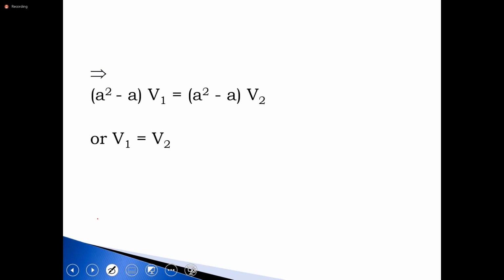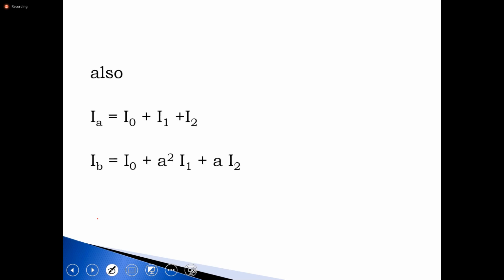We now look at the current. For the currents, we again write back our equations for the currents. What we know from the boundary conditions is that IB is equal to minus IC.